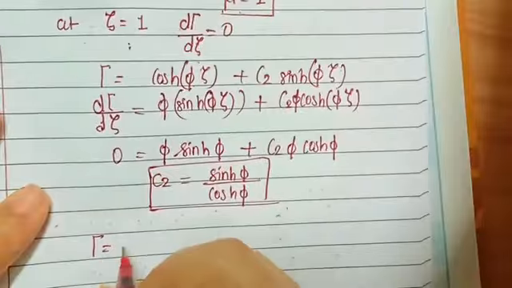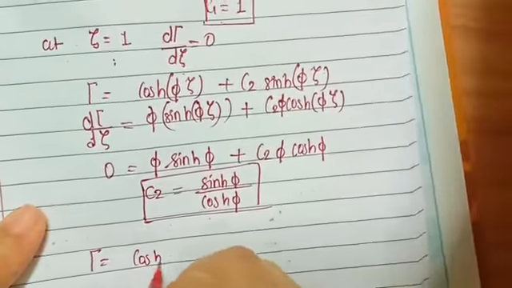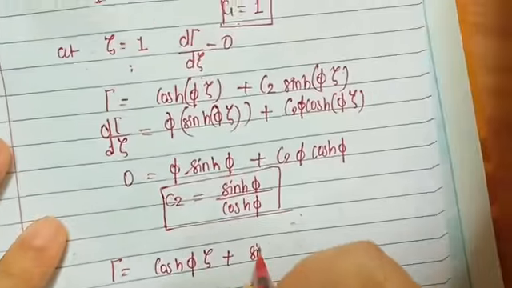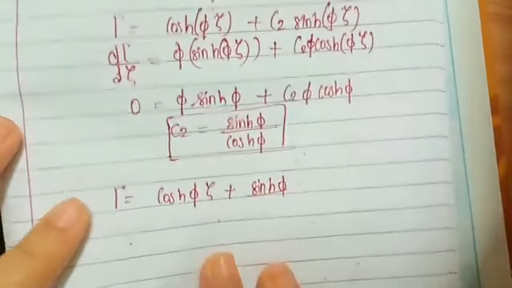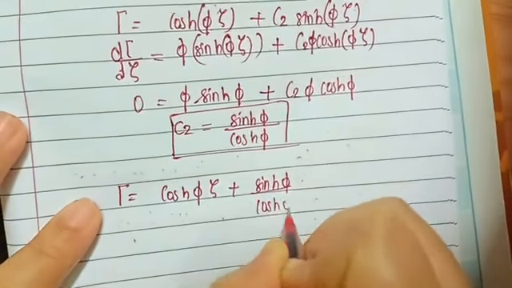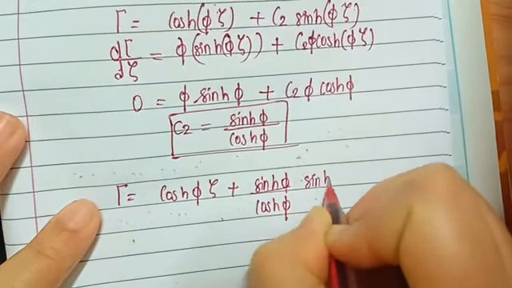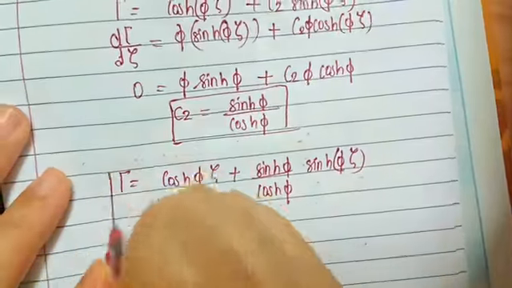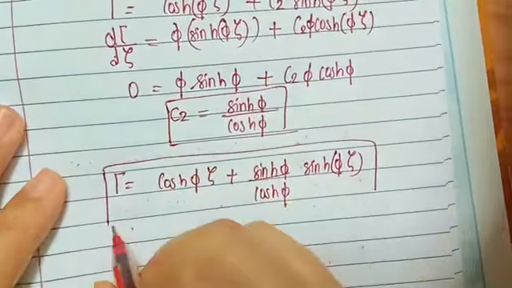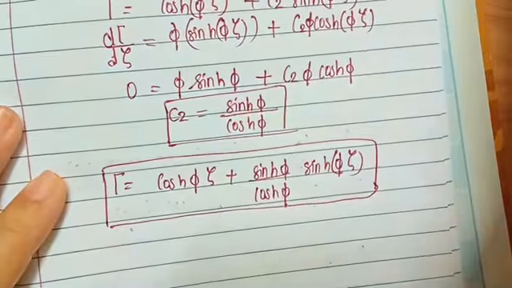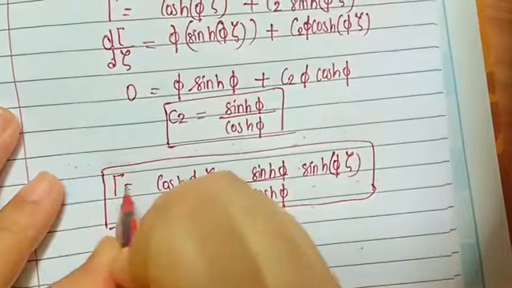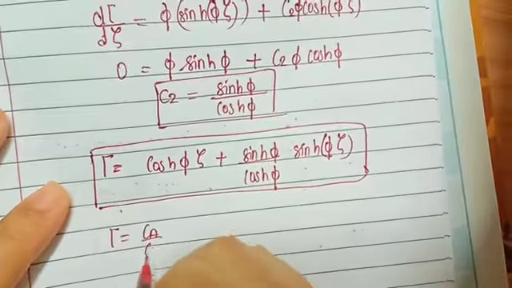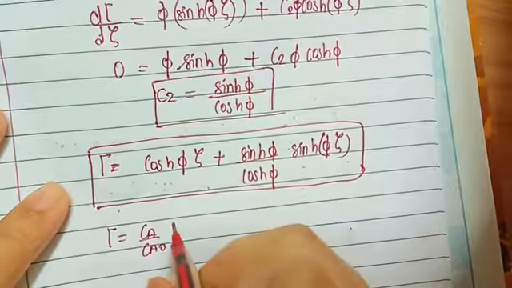So gamma is equal to cosh phi zeta plus sinh phi upon cosh phi into sinh phi zeta. So this is the final equation which we get after putting the boundary conditions. Now we know that gamma is equal to Ca upon Ca naught, which is the dimensionless concentration.